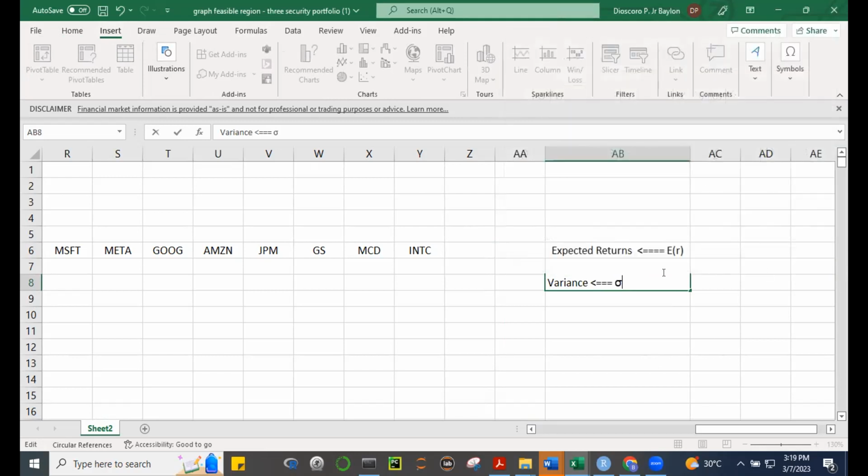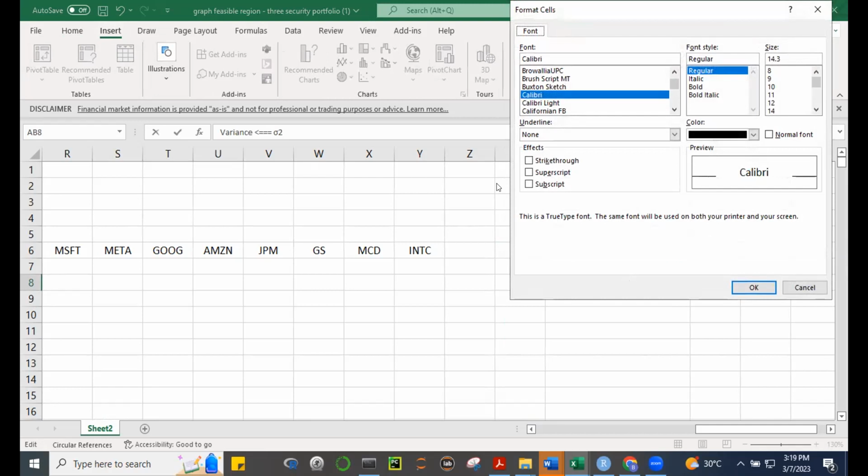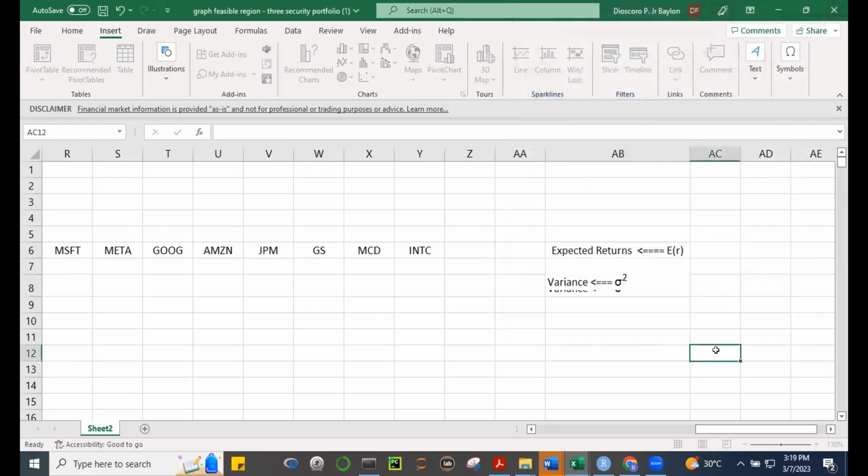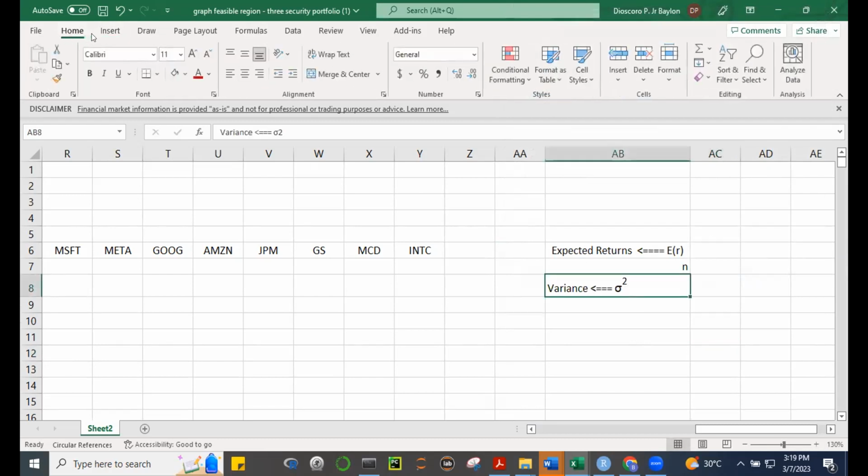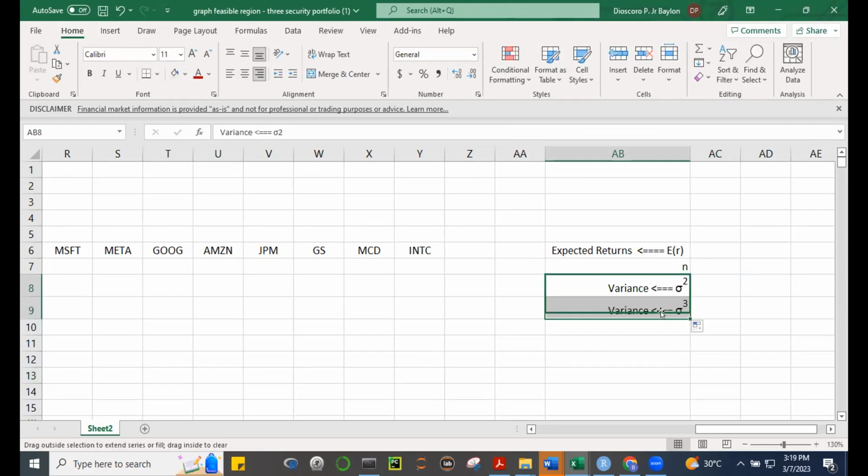Okay, and then I'm going to put here 2, Control 1, then superscript. There. So this is our variance, and of course, standard deviation, we can just copy this.